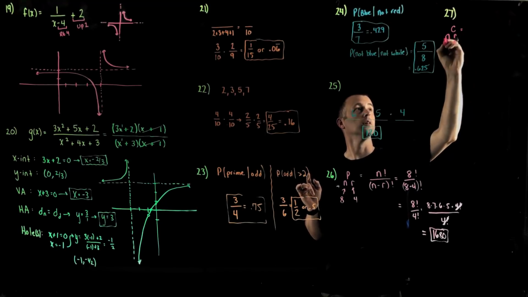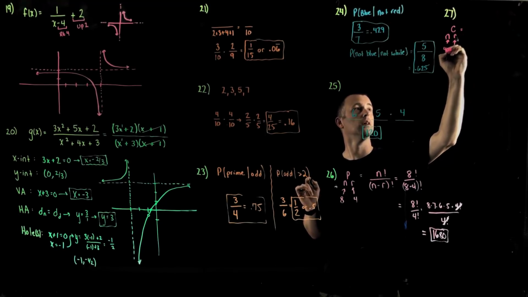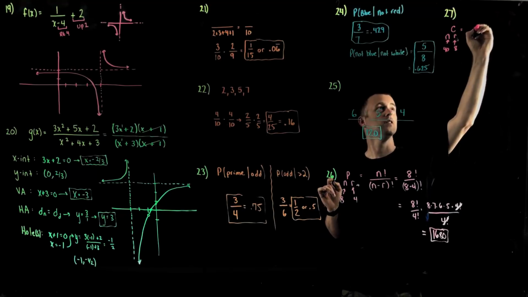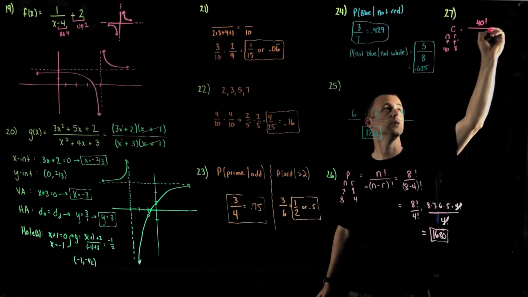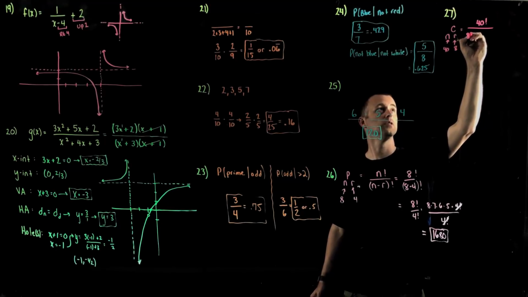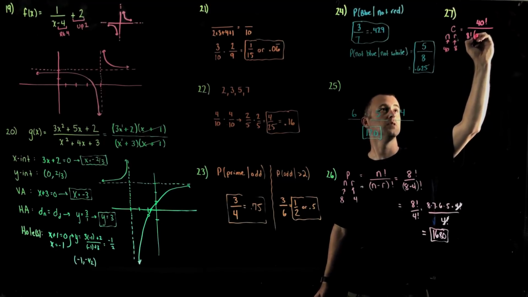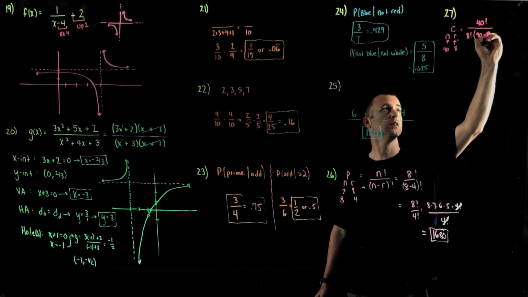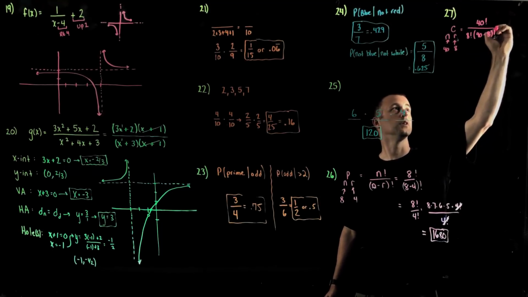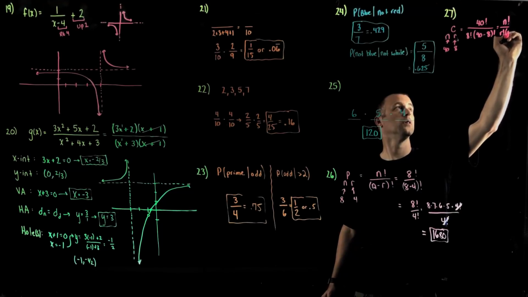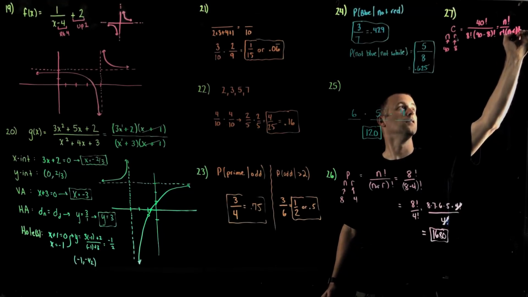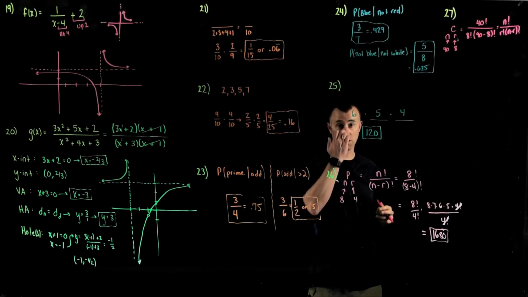Sorry. So this is 40, and that's 8. So I'm going to have n factorial on top. I should probably write the formula here. I'll put it down below. Times r factorial, which is 8 factorial, times n minus r, so 40 minus 8 factorial. So again, this is n factorial over r factorial, n minus r factorial. So that's the formula I'm using on that one.